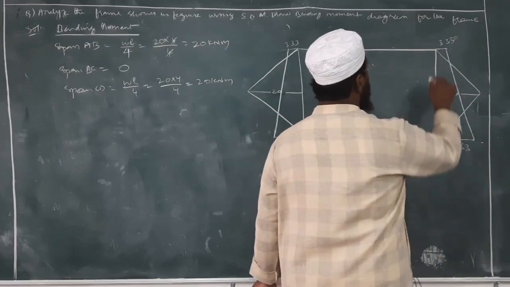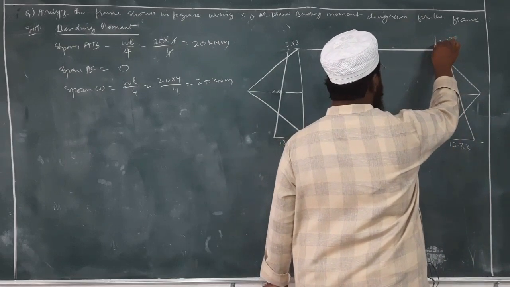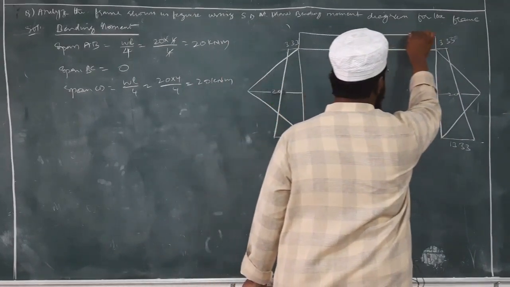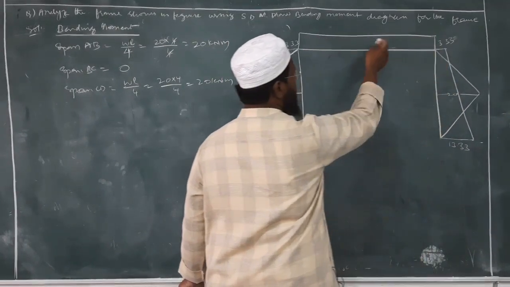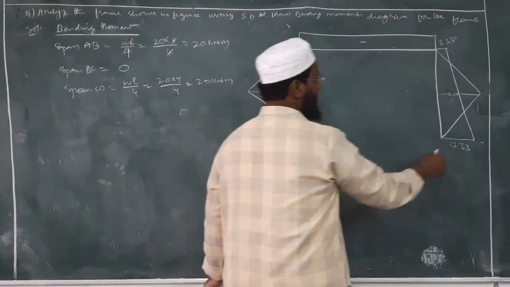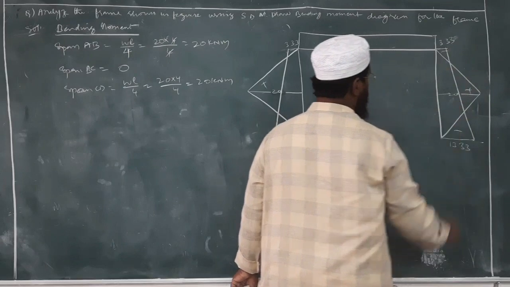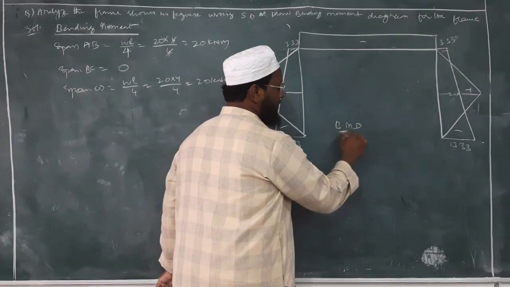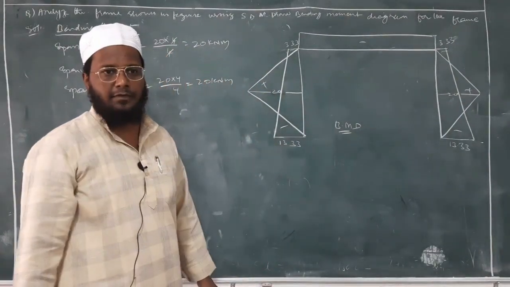Alright. Here we have 3.33 and here also we have 3.33. So this is your fixed end moment. So minus, minus, plus, minus, minus, plus, minus. So this is your bending moment diagram for this frame.